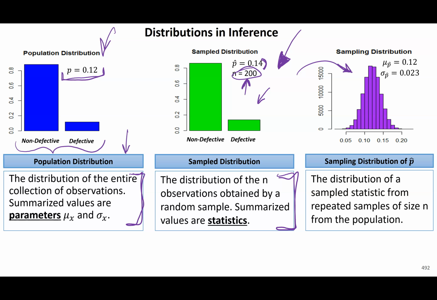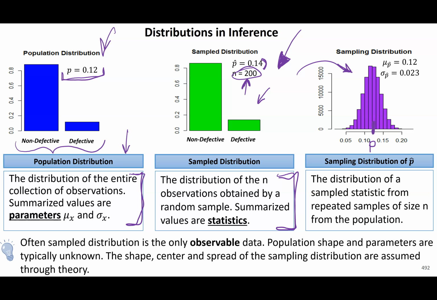And what's great is the sampling distribution of p hat is going to be centered right at p, which is usually what we want to estimate or test. And we know the spread as well, because it's the square root of p times (1 minus p) over n.